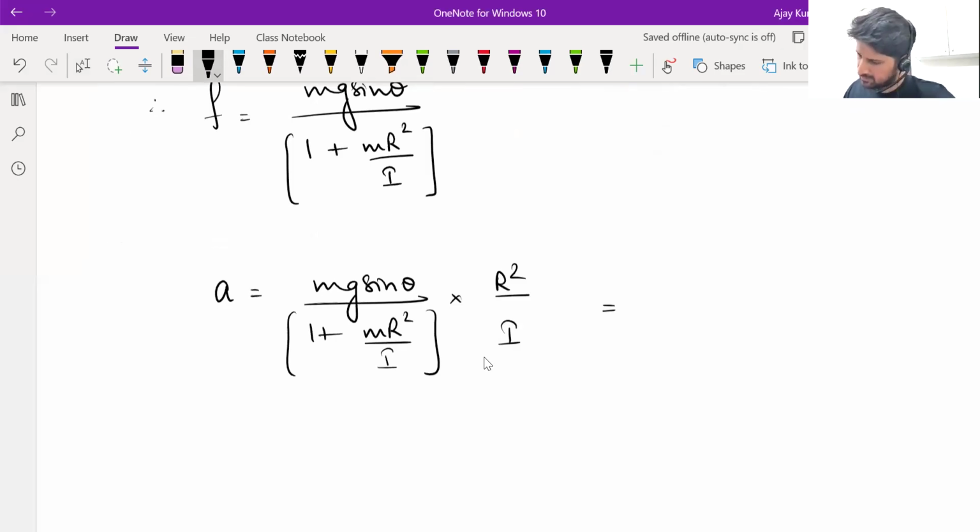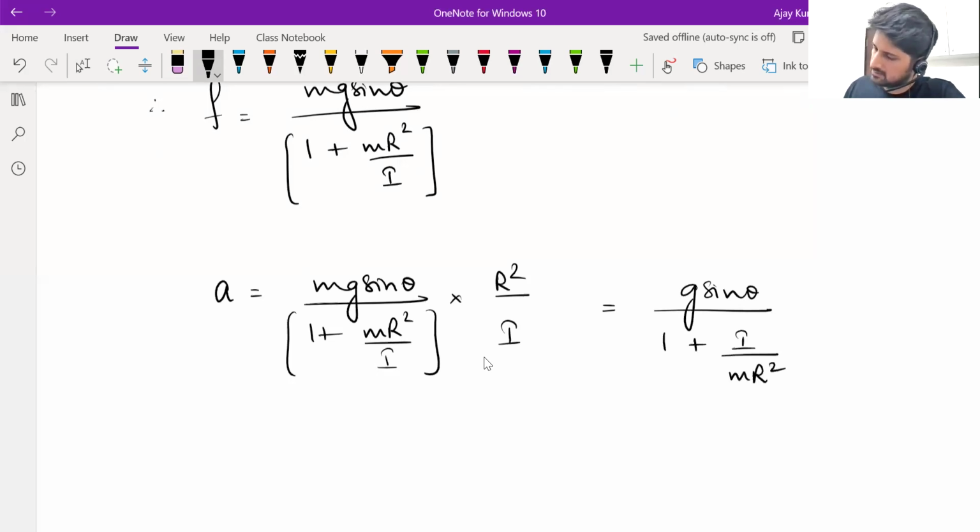You can cancel M. Effectively, you will end up getting g sin theta divided by 1 plus I by mr square. This is the acceleration with which the object rolls down, provided friction is sufficient to prevent slipping. So if it undergoes pure rolling, this much friction acts on it, and this is the acceleration with which the object rolls down.